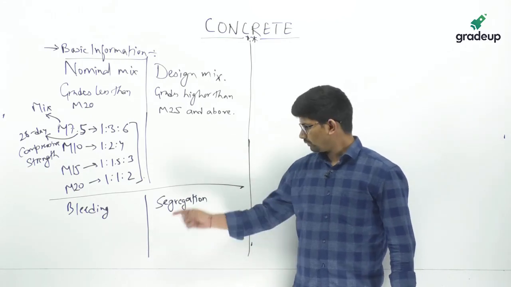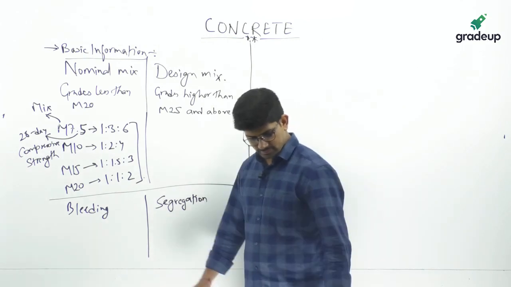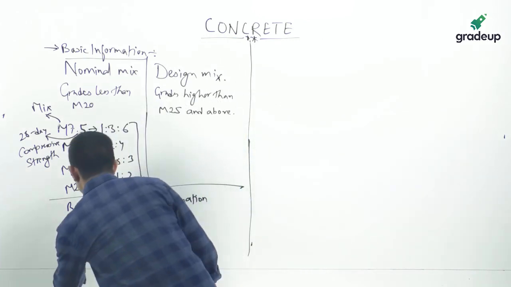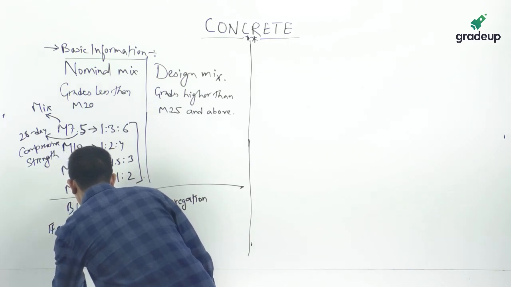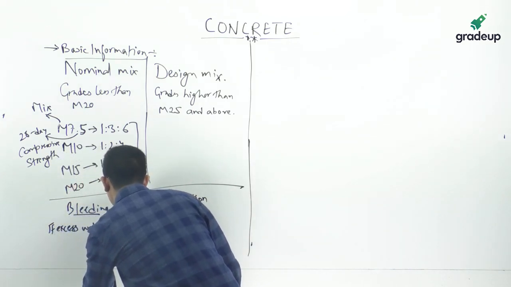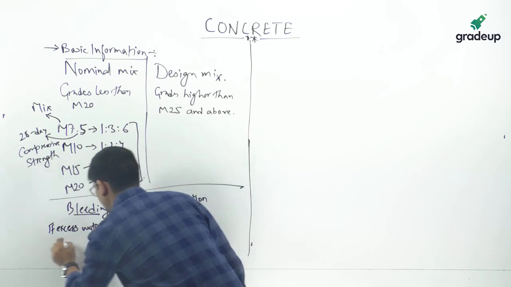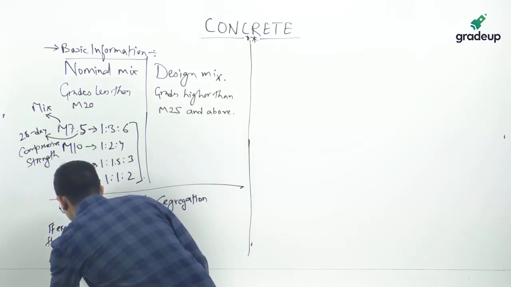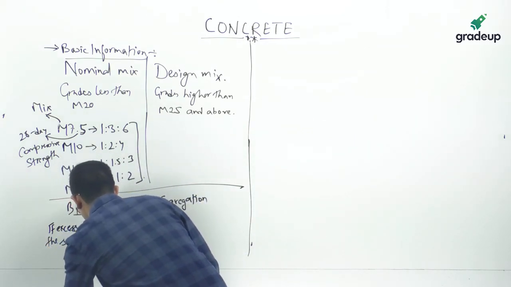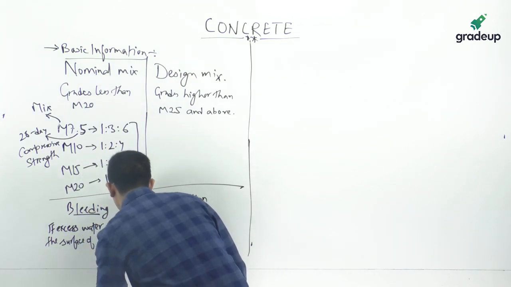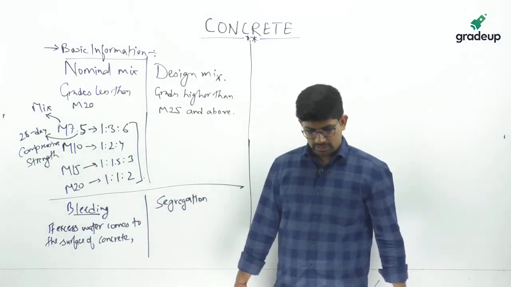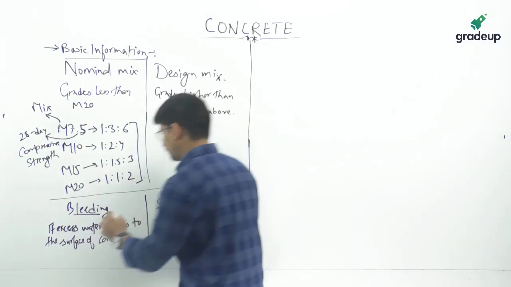Now bleeding is when excess water comes to the surface of concrete. What will happen? It will cause small pores.